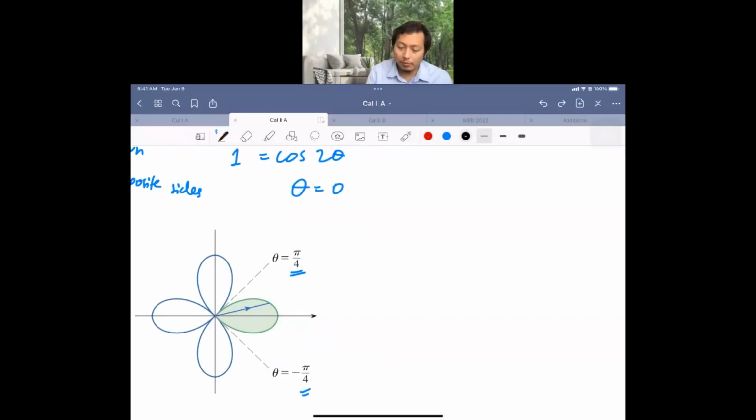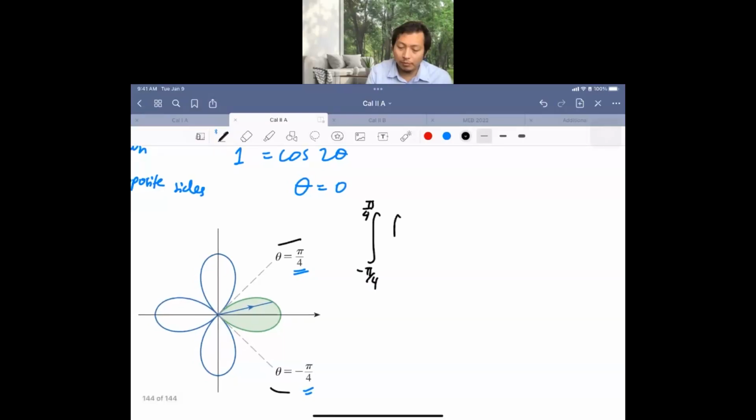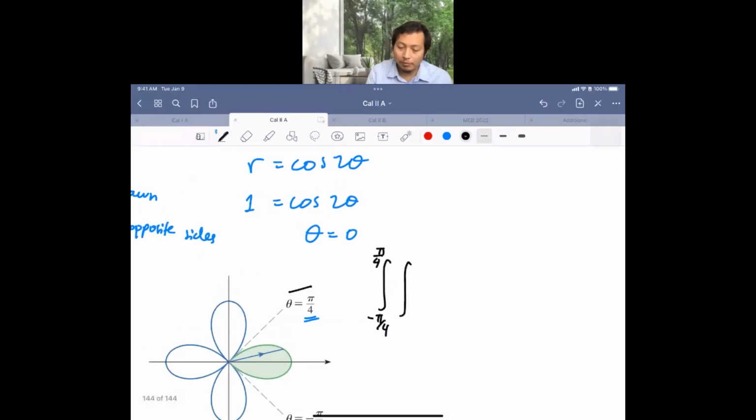So we could write down that from here we get the notion that theta is from negative pi over 4 to pi over 4. And then we could start to write what kind of radius we have here. The radius can be 0, because cosine can be 0.